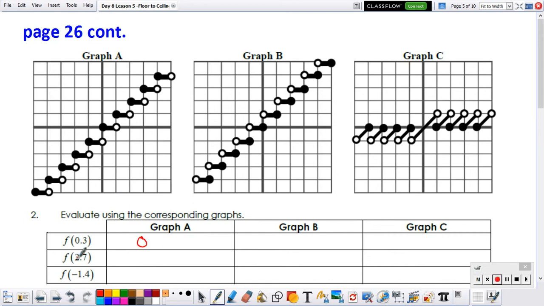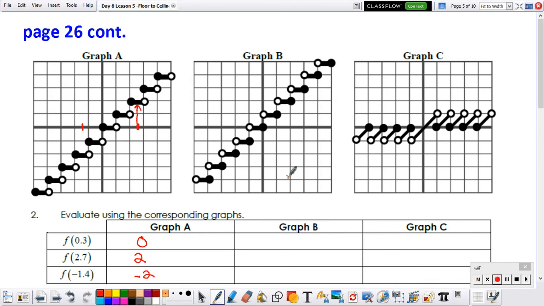Okay, 2.7 would be somewhere here, and we evaluate that, and it is 2. And then negative 1.4, well, here's negative 1. Negative 1.4 is going to be negative 2.